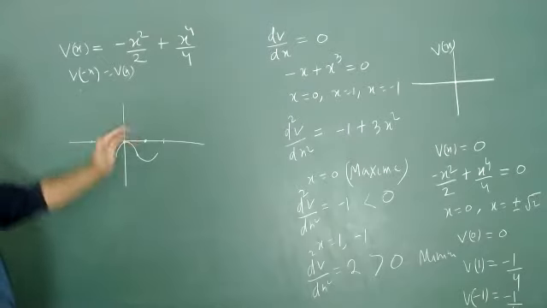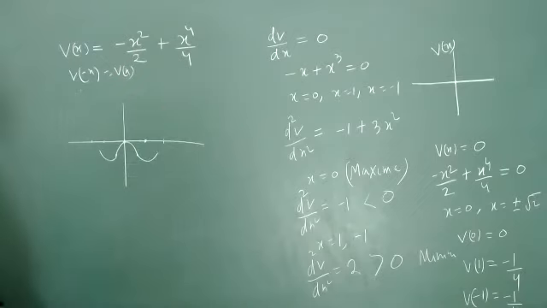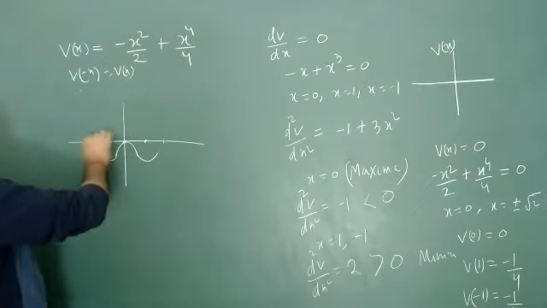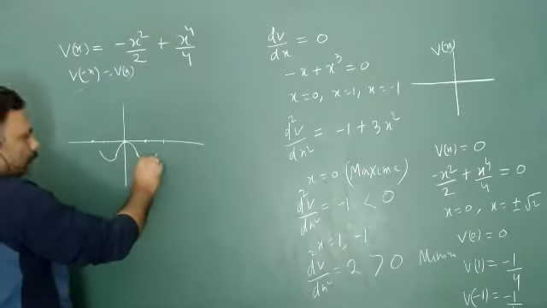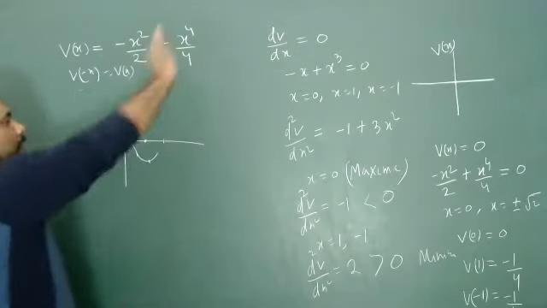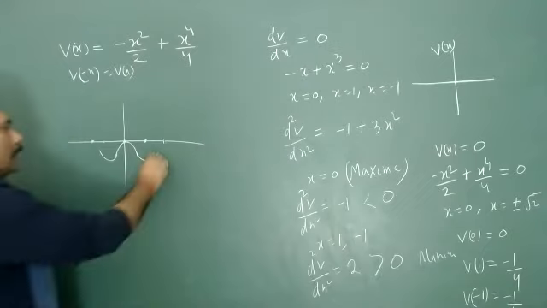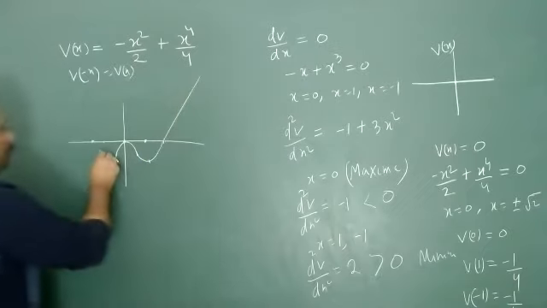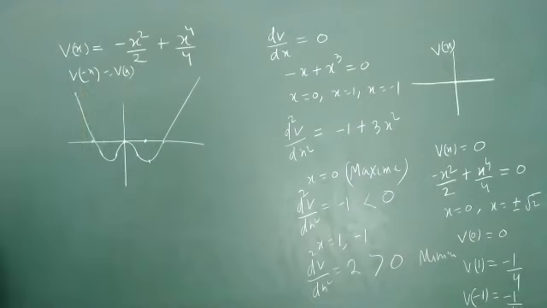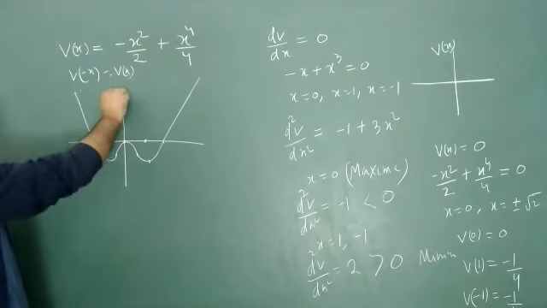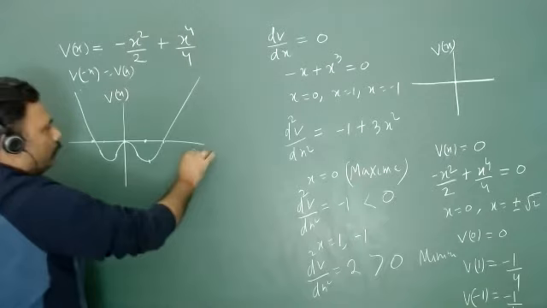And at these 2 points, your potential will be 0. But after this point, there is no transition point. So what will happen? Absolutely something like this. Yes. So this is my potential Vx versus x.